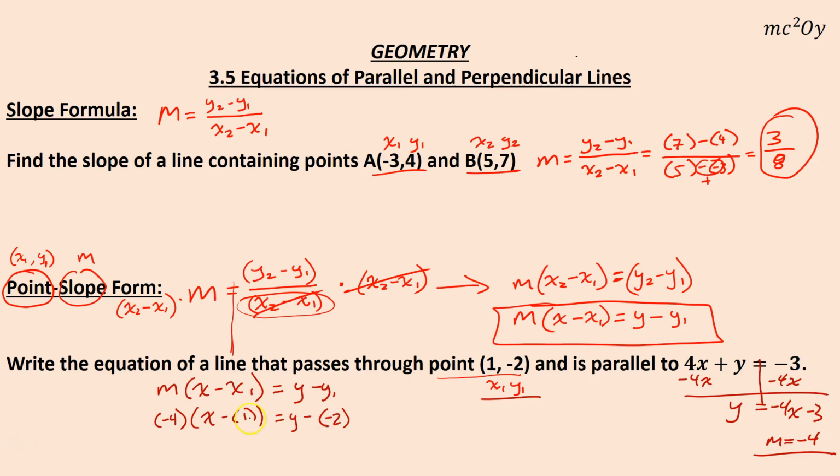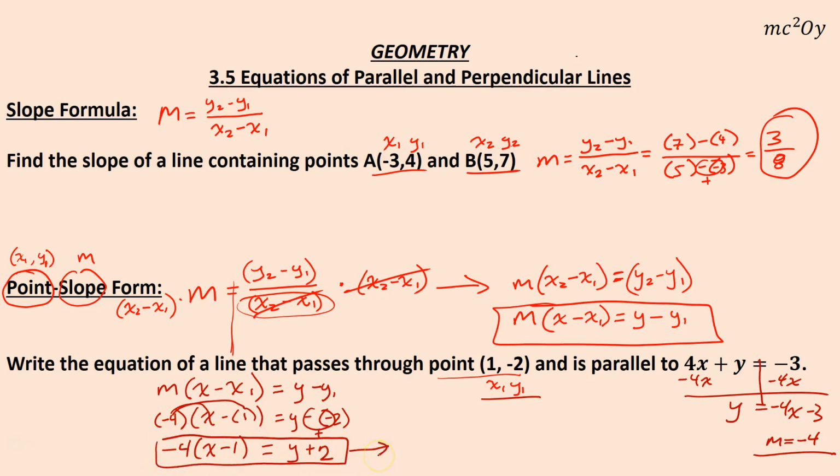Doing some simplifying and getting rid of all these parentheses here, this would just distribute if we want it. Well, first, you know what, let me just write it without the parentheses. Negative 4x minus 1, so we have that one set of parentheses, and then y, two negatives make a plus. It would be perfectly fine to leave it like this. That is an acceptable format.